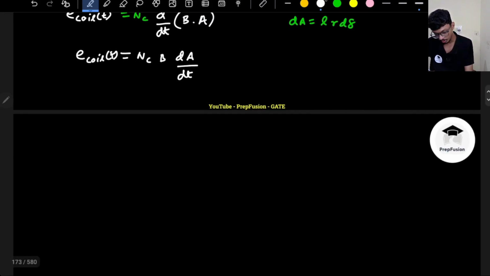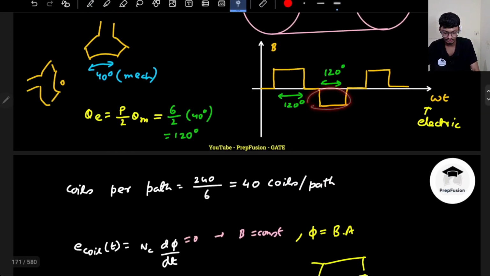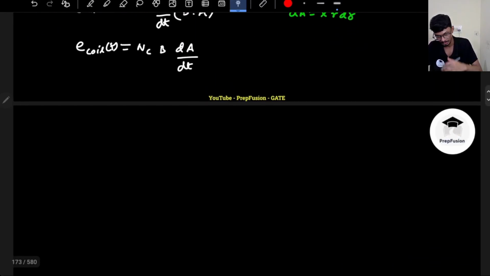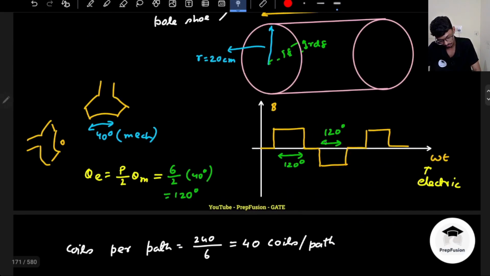Now what will be the average, E average? Of course before commutation this will be downwards, but after commutation this will go up. After commutation the induced voltage will be commutated, so after every 180 degrees it will be positive.